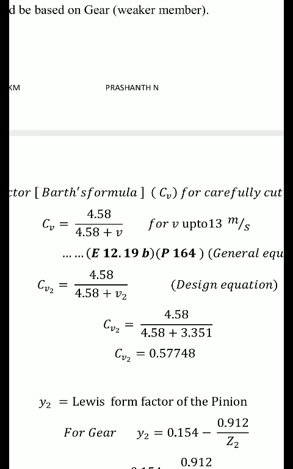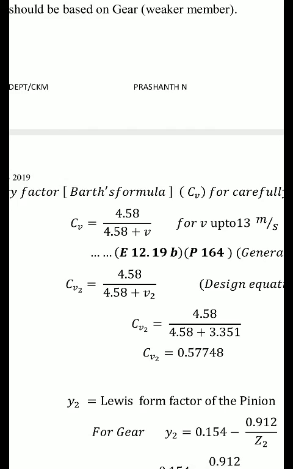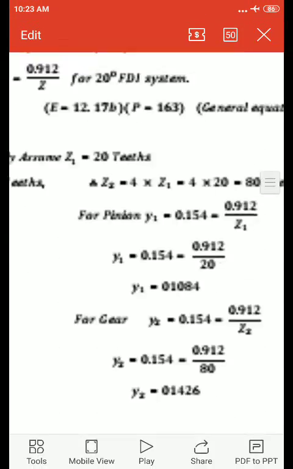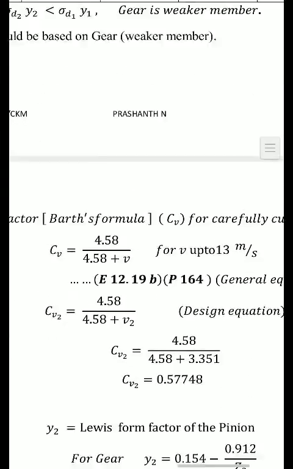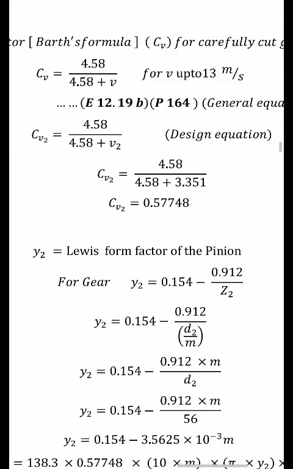For velocity up to 13 meter per second, we should consider Cv equal to 4.58 divided by 4.58 plus v. The general equation is Cv2 equal to 4.58 divided by 4.58 plus v2. Page number 164, equation number 12.19b. Find out the Cv2 value.